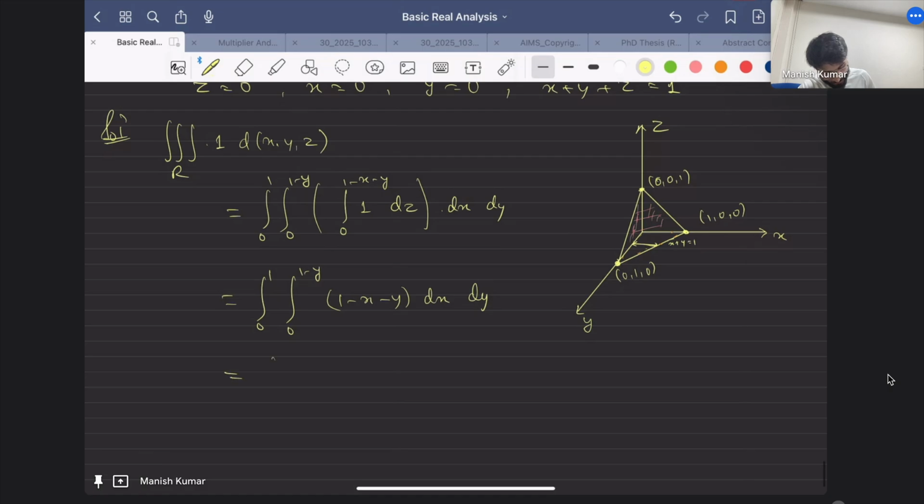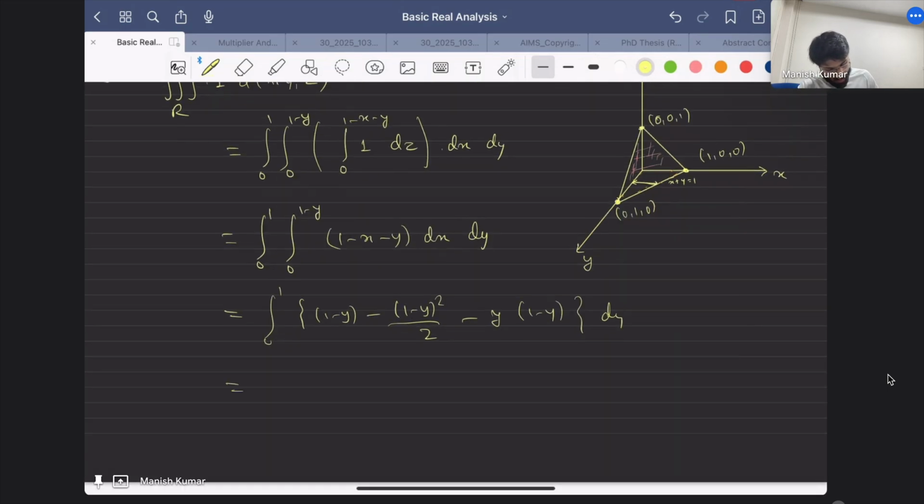Then you have 1 minus y minus x square by 2, which is 1 minus y square by 2, then minus y times 1 minus y, this dy. Okay, and then you can just take 0 to 1.